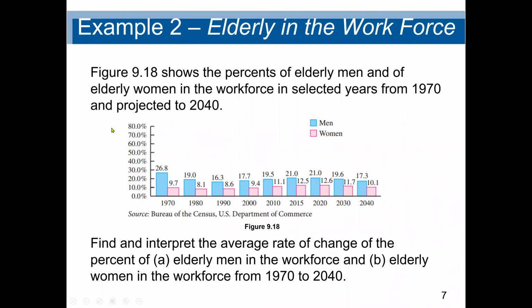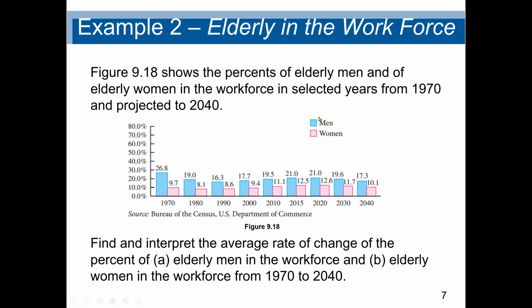So we start with one example. This example has a figure 9.8. Again, this is from our course textbook. It shows the percent of elderly women and elderly men in the workforce. This was selected from 1970 to a projection for 2040.